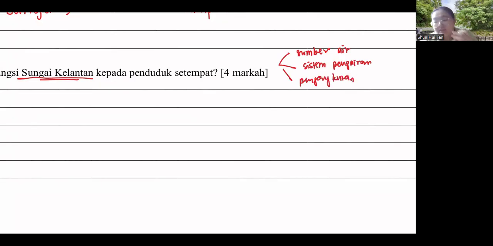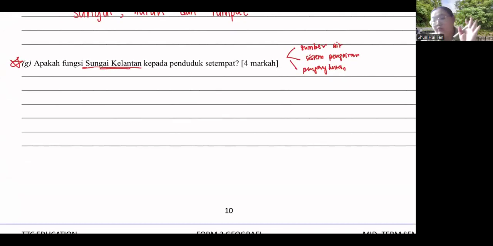This is the one that commonly applicable to most of the map. But they want 4 marks means 2.2 huraian. Understand? 2.2 huraian.